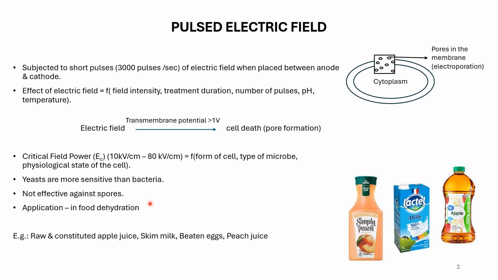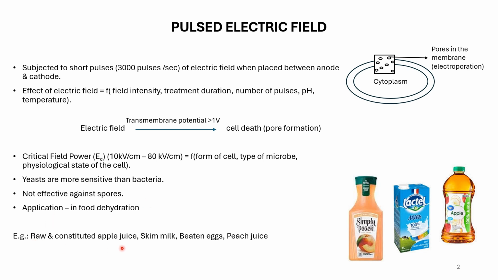A, because it is going to be very consumer friendly. B, it is going to reduce the energy costs associated with the drying process. And finally, because it reduces the dehydration time or the drying time.